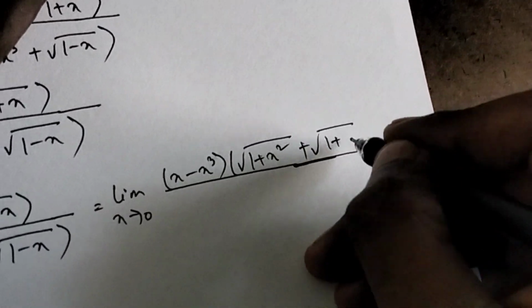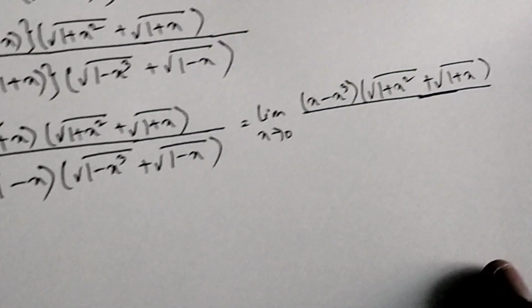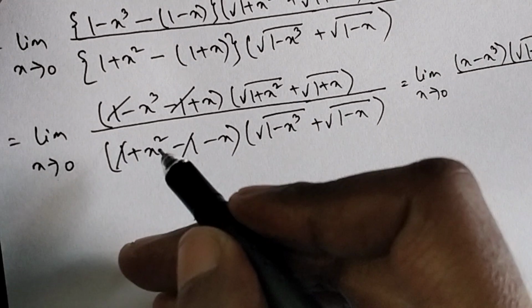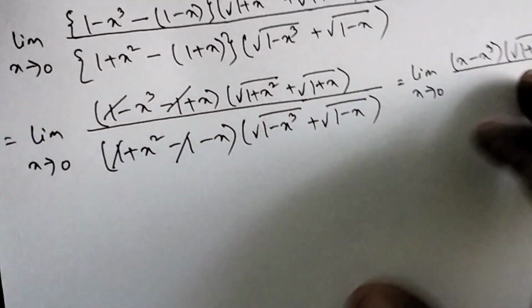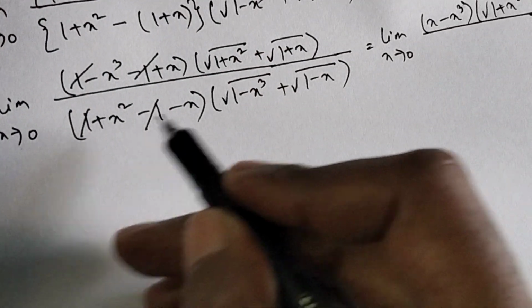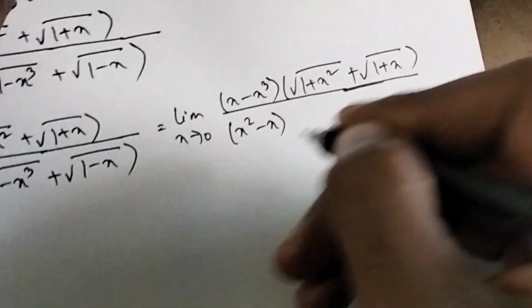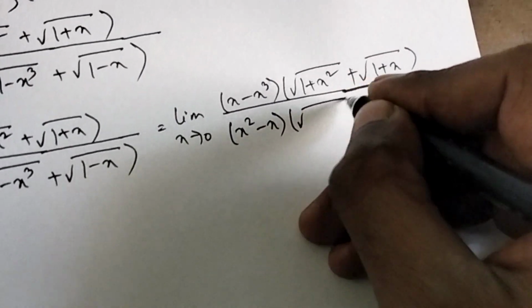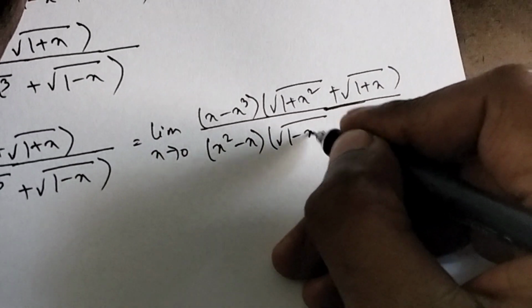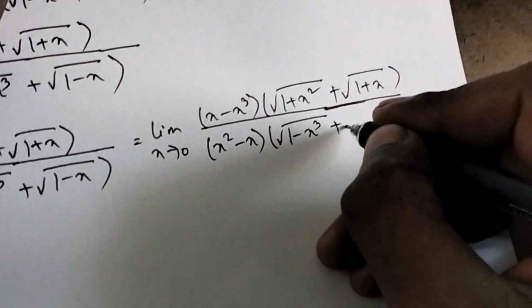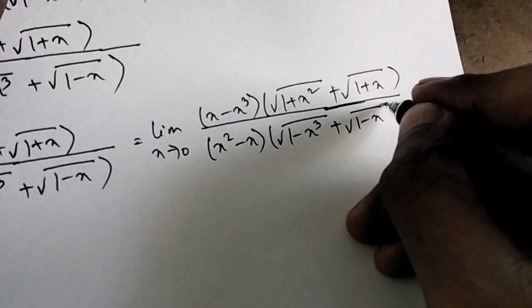Here x square minus x, then under root 1 minus x cube plus under root 1 minus x.